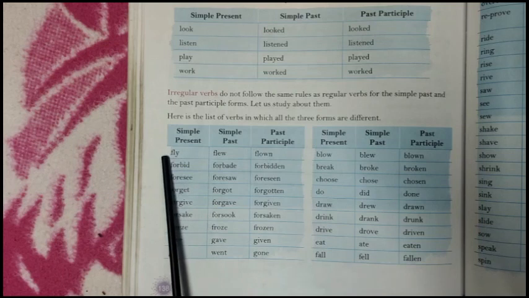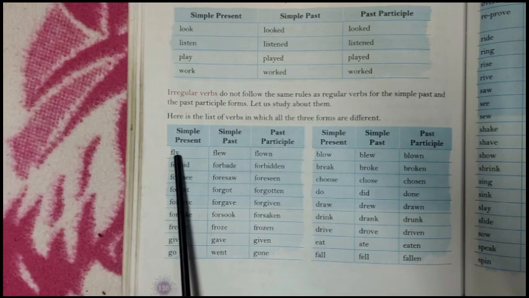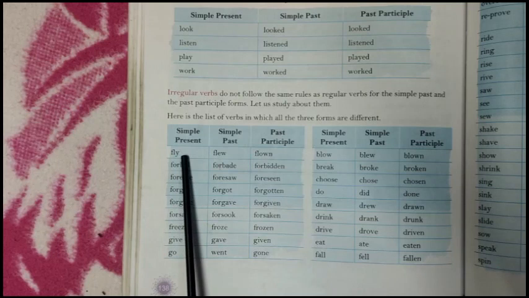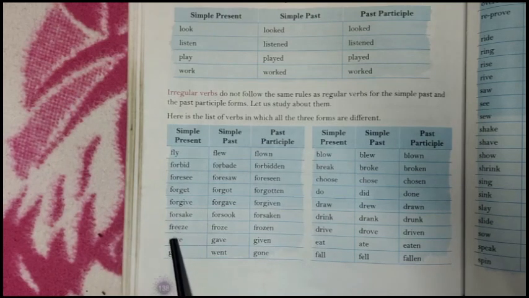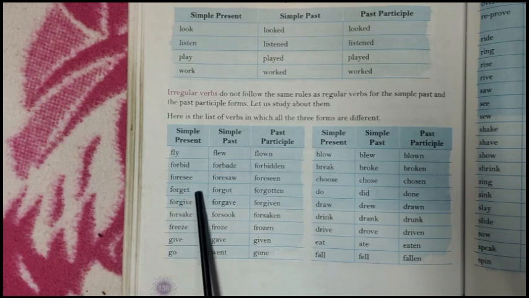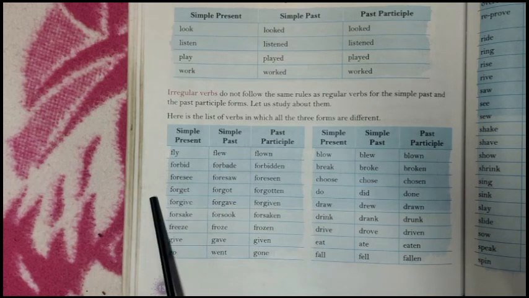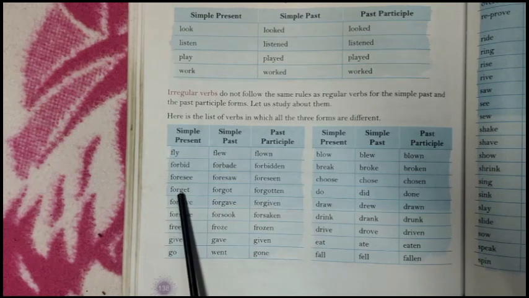I have used will and then fly. So that makes it into the simple future tense. Another one. Forget. They will forget their lessons. Will forget. That is also in the simple future.